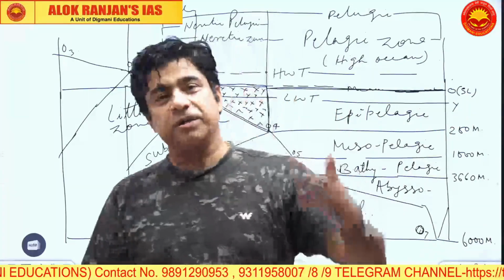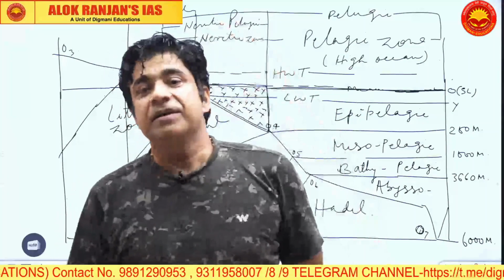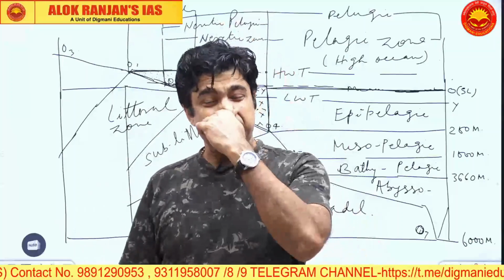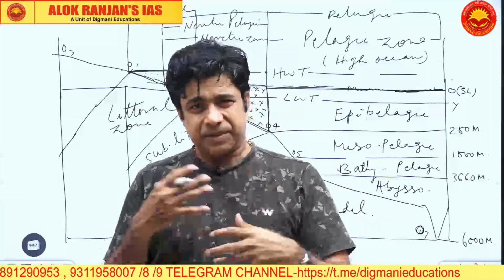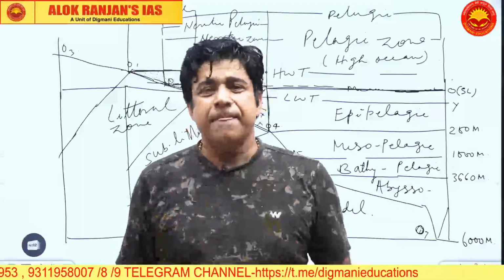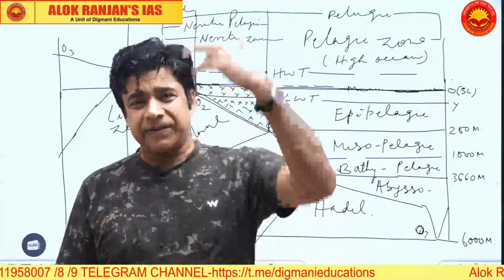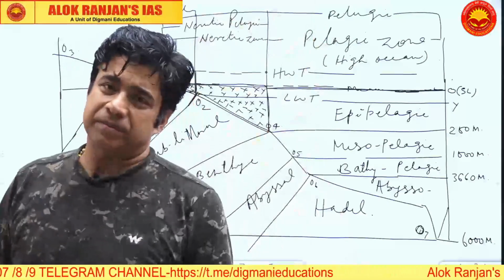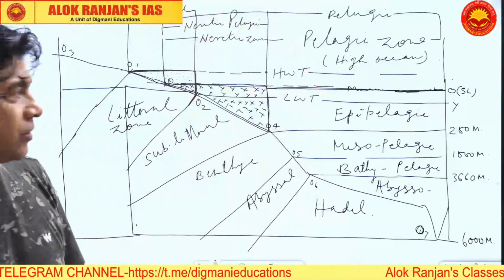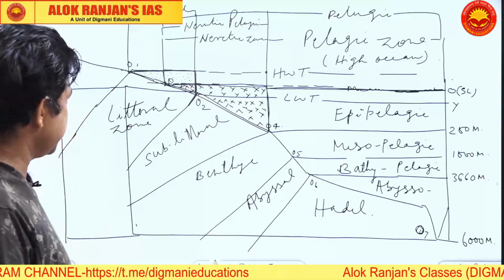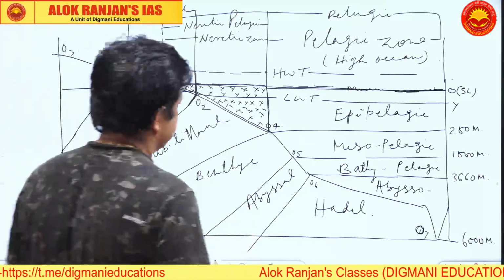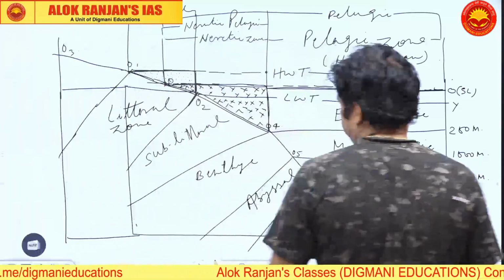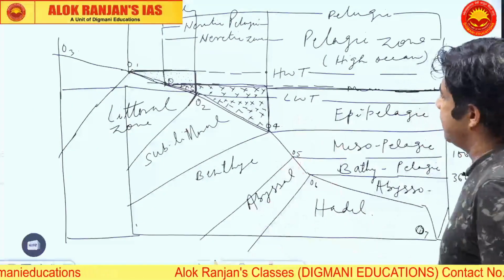They can be found in the supralittoral as well, where sometimes the massive tides during the lunar solar motion go beyond the littoral zone and mangroves can grow in that area, supralittoral also. But mangroves are actually called littoral forest. So this is true. Littoral zone can have mangroves.